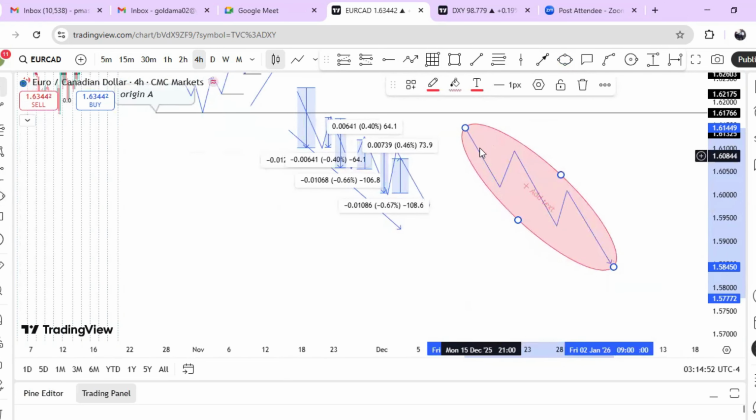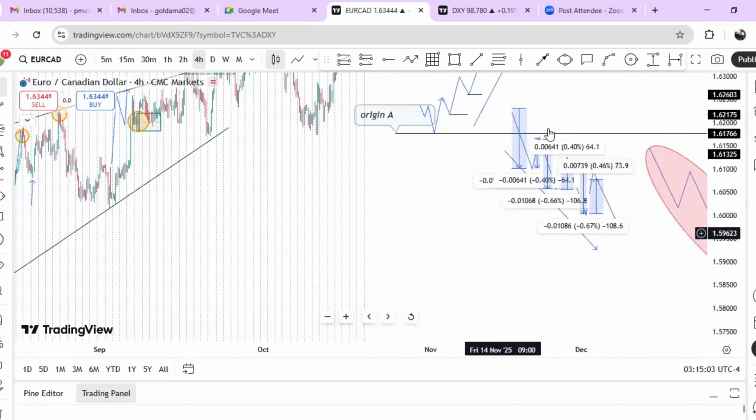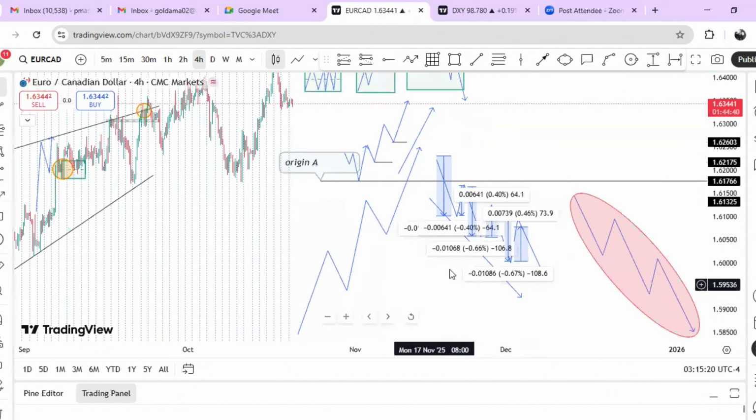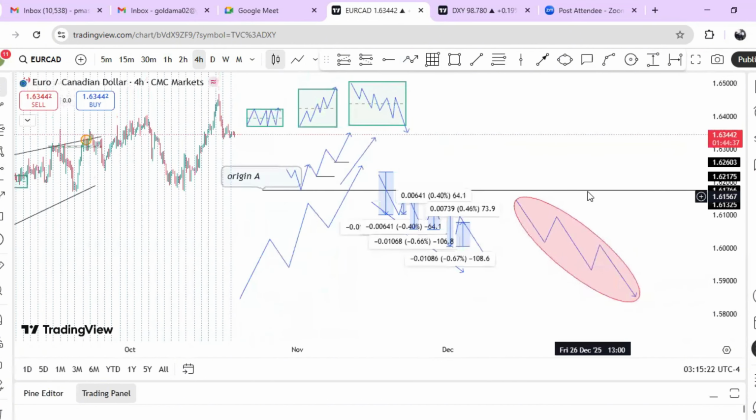The impulsive push should be longer than the correction. Impulse here, a little correction. Impulse again, a little correction. Then for the bullish bias, same thing applies. Impulsive push, a little correction, impulsive push again, little correction, impulsive push. That's how you map structure.